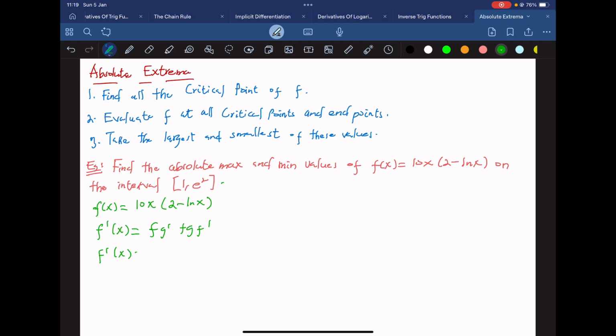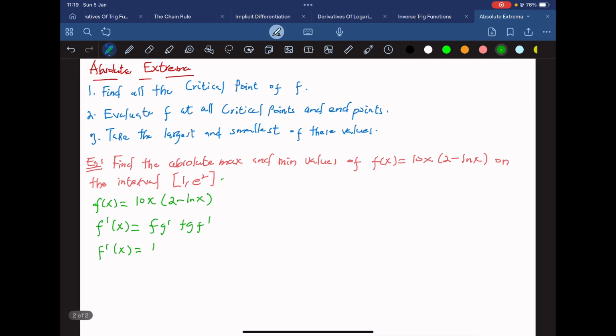So first we have our f, which is 10x, and we differentiate our g. If we differentiate 2, it goes to 0, so minus, and if we differentiate ln of x, we have 1 over x.